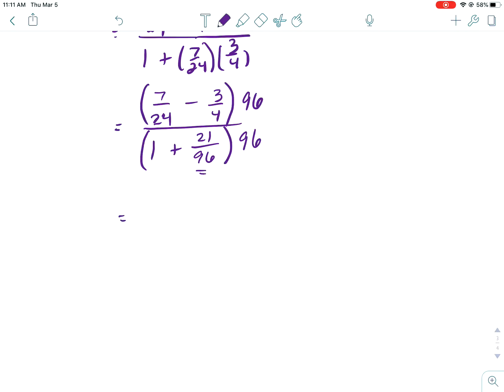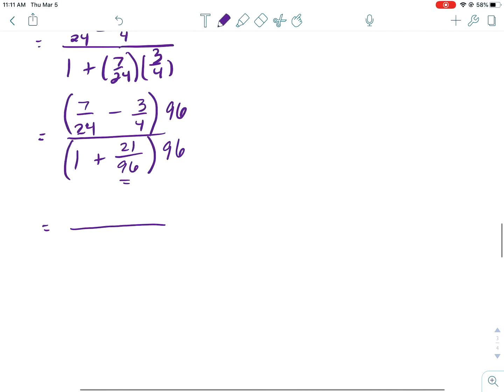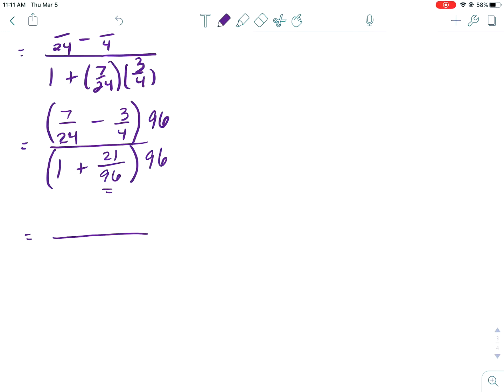Now I put the calculators on your desk because this isn't that hard to do without a calculator, but it's pretty easy to do with a calculator. There are different things you can do. I know for sure if you do the numerator times 96 divided by the denominator, it will 100% give you the answer.